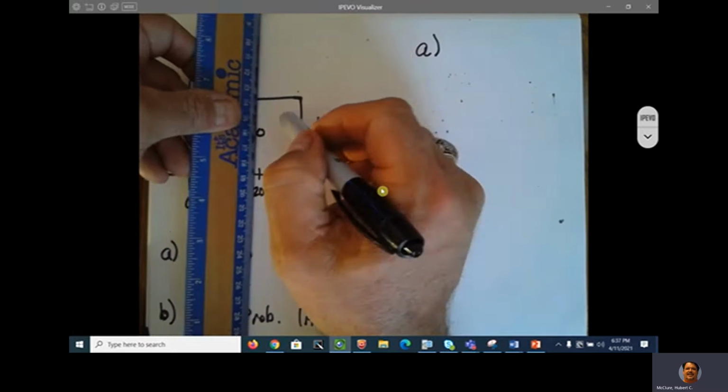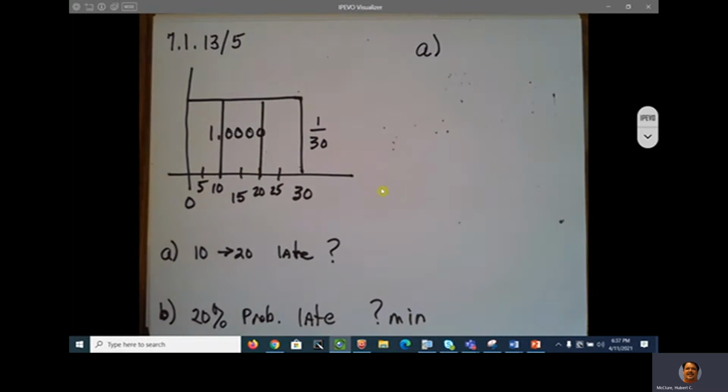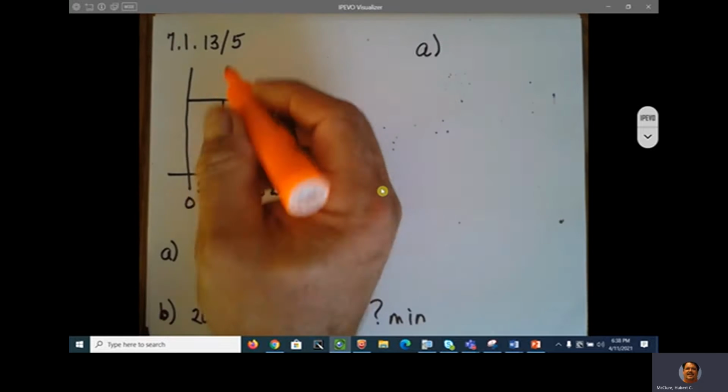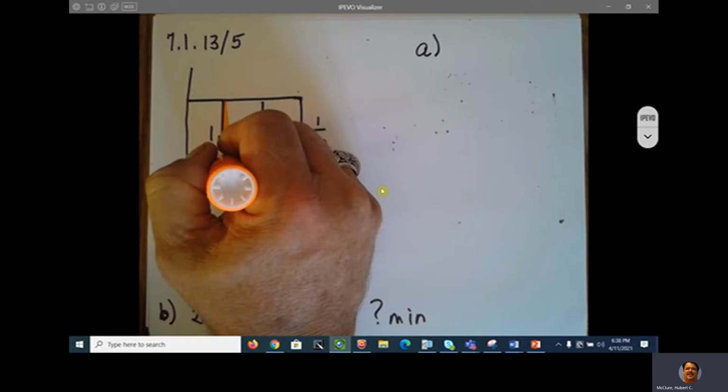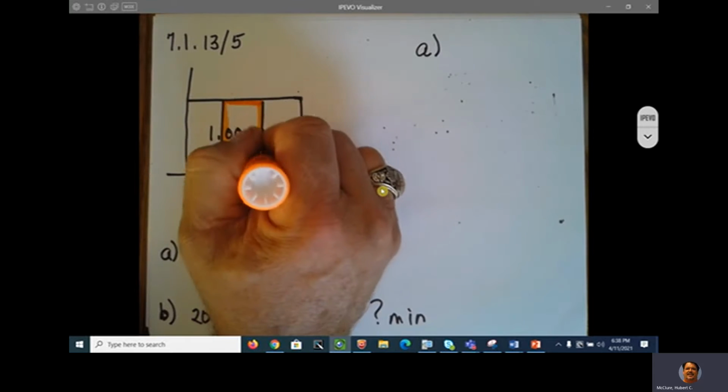Not hard. And what does it say? It says between. Between means what? Between, in the middle. So that means that they want this area right here.